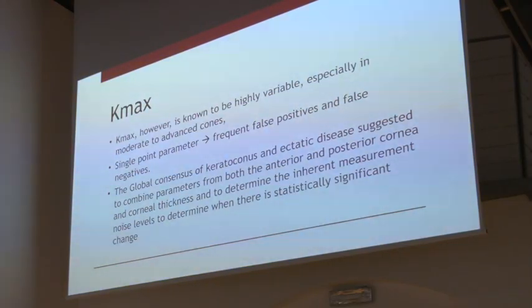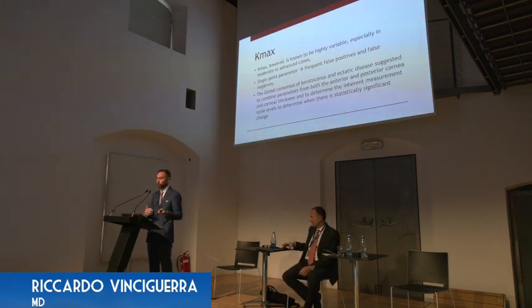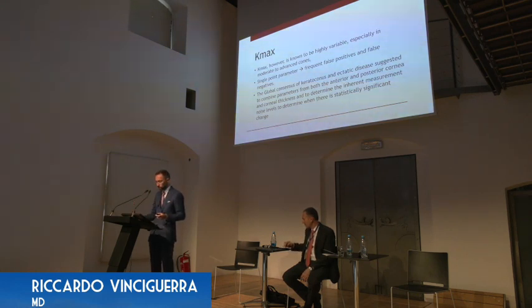The Global Consensus on keratoconus and ectatic disease, and we are now actively working on the new version as part of the coordinators, said in the first one, if you want to detect progression, you have to, and I'm going to read it word by word, combine parameters from both anterior and posterior cornea and corneal thickness to determine the inherent measurement noise and whether there is a statistically significant change. So this is super complex.